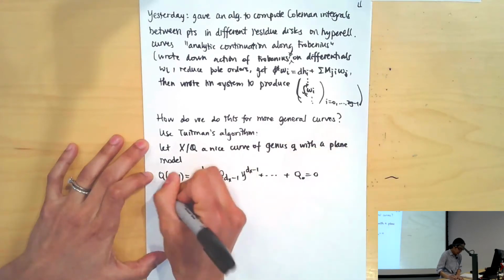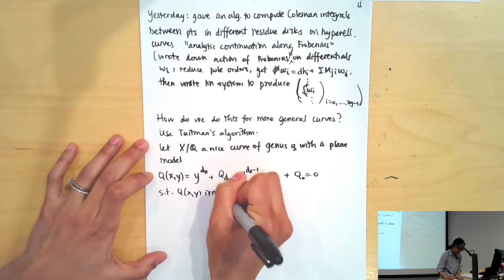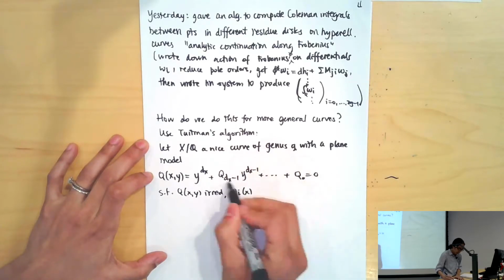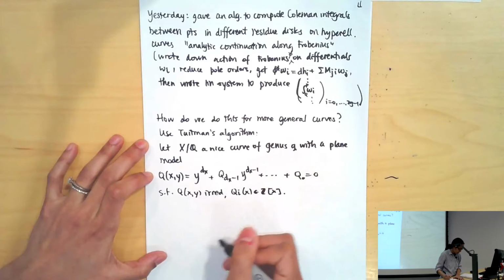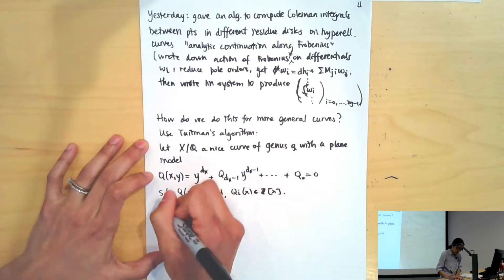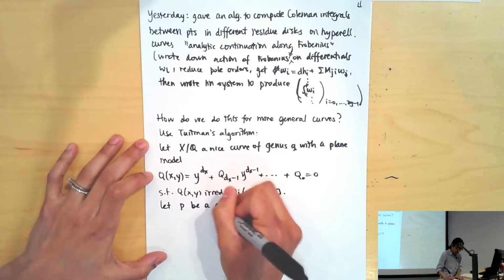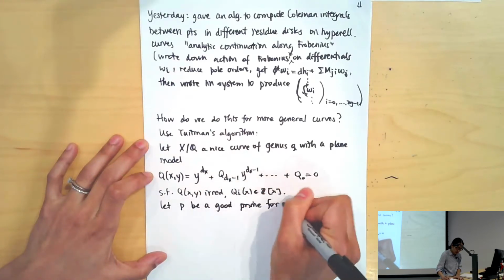And we want it to be irreducible. And we want these polynomials in x to have integer coefficients. And we'll suppose that p is a good prime for our curve X.